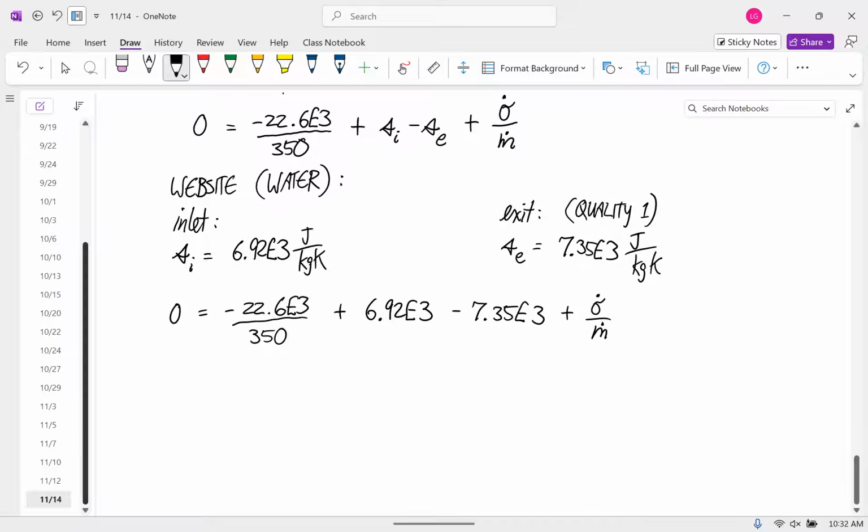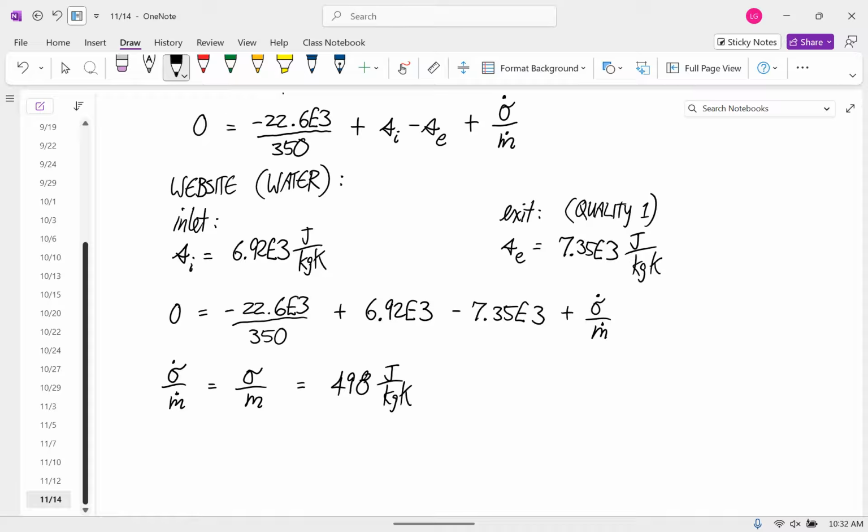And you get that sigma dot over m dot, which is the same thing as sigma over m, the entropy production per mass flow rate through this device, is equal to 498 joules per kilogram Kelvin.